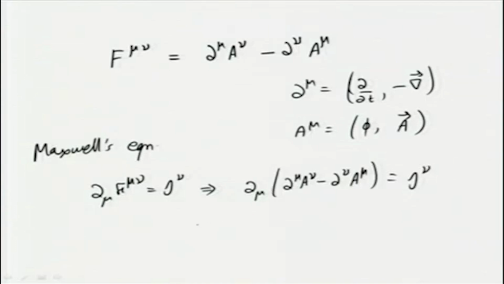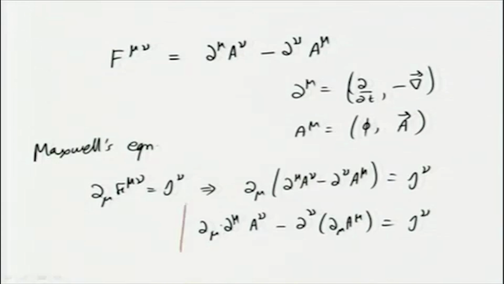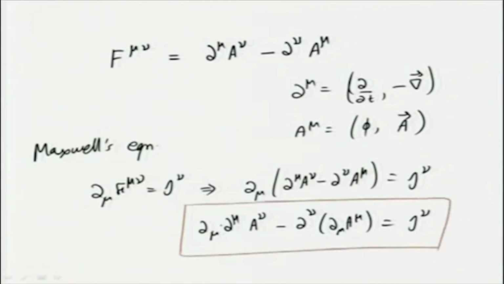This is nothing but dou mu acting on dou mu A nu minus dou nu acting on dou mu A mu equal to J nu. So, the Maxwell's equation written in terms of the potential in general looks like this.